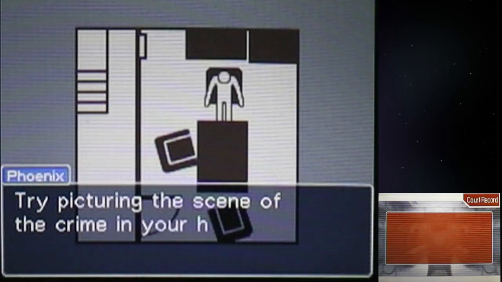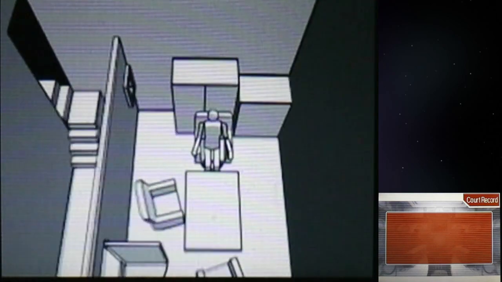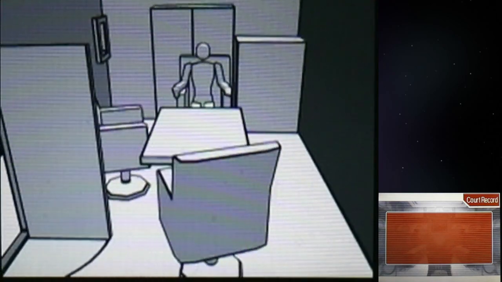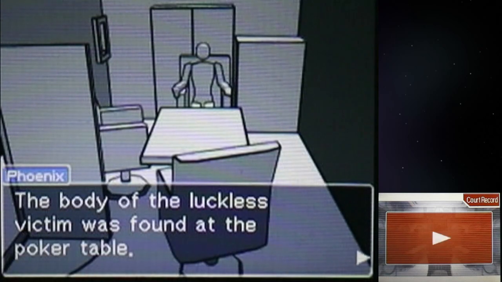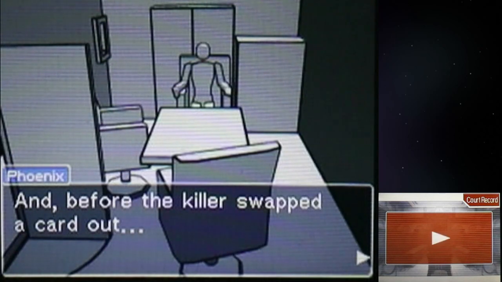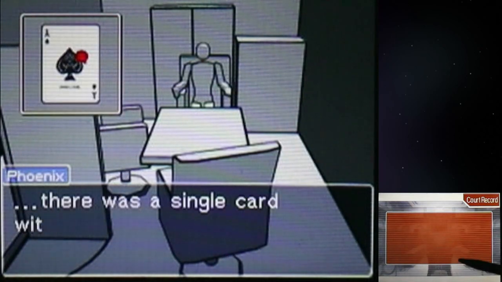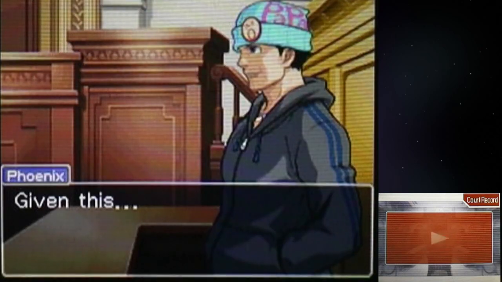Try picturing the scene of the crime in your head. The murder took place in the hideout. The body of the luckless victim was found at the poker table. And before the killer swapped the card out, there was a single card with a drop of blood on it in the victim's hand.